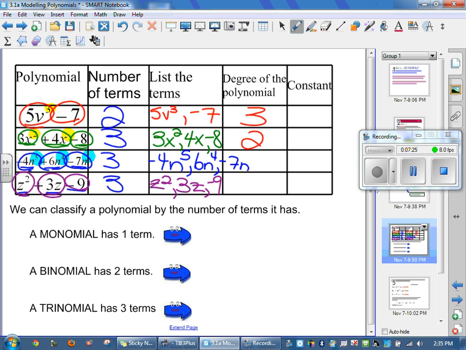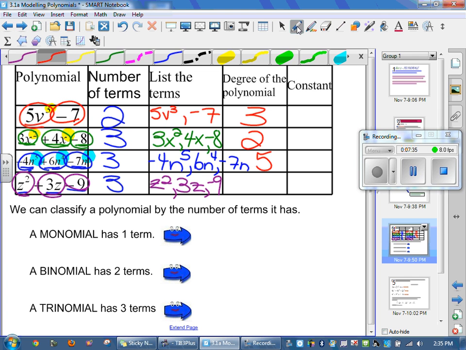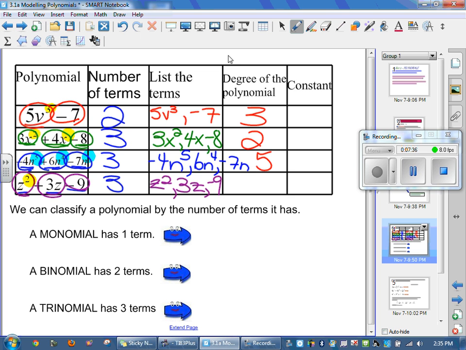Who is larger, 5, 4, or 1? 5 is the largest. So this one is a degree 5. If we look at our last example, we have degrees 2, a hidden 1, and again a 0, because no variable. So what's our largest in that one? 2, degree 2.